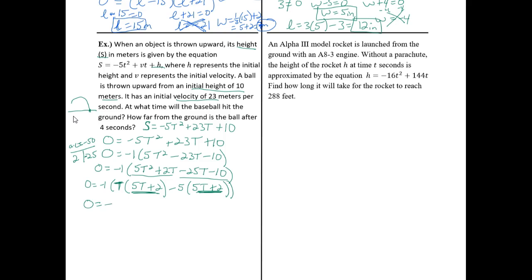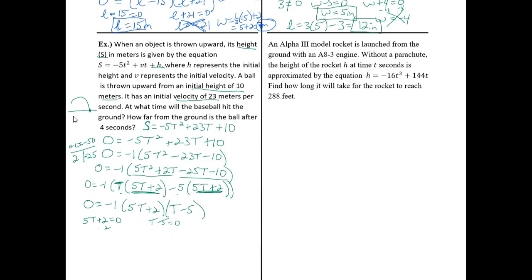So I'm going to go ahead and take out that common factor, 5t plus 2. And what's left when I divide that out? t minus 5. So that was all just factoring. Now, because it's set equal to 0, we can use the zero product property, which says I can set 5t plus 2 equal to 0, and t minus 5 equal to 0.